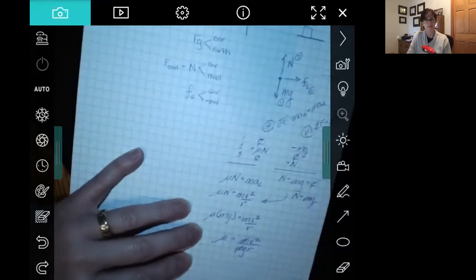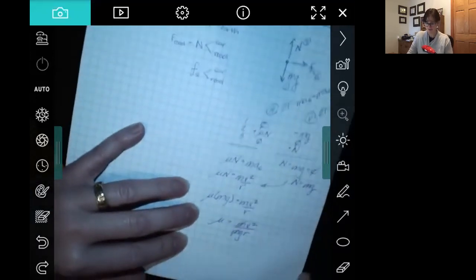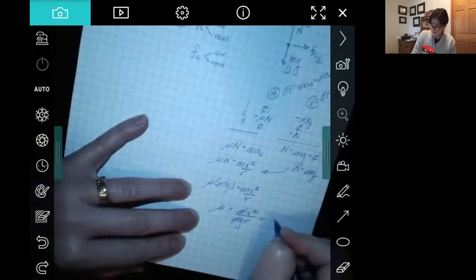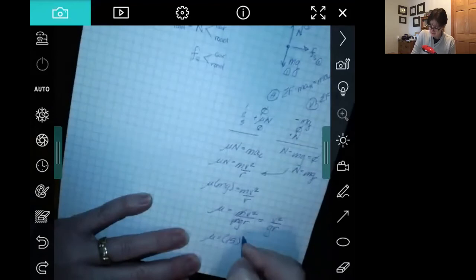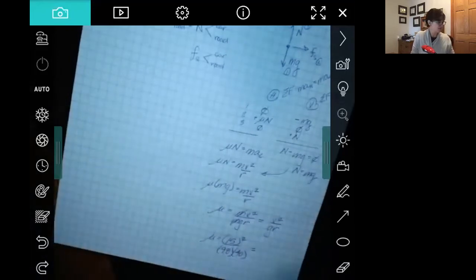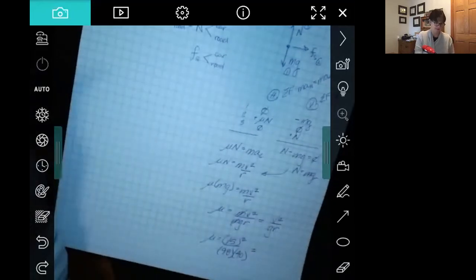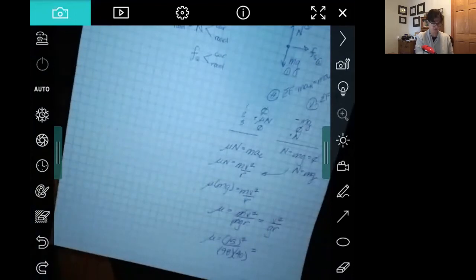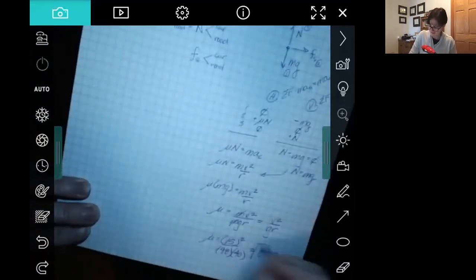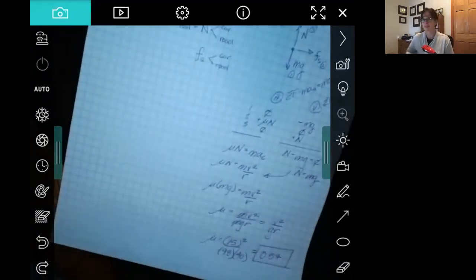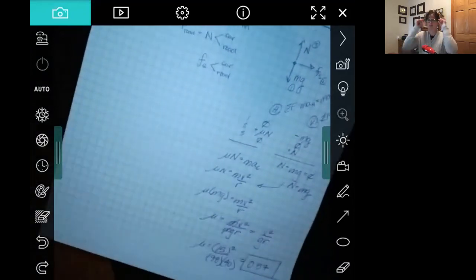My m's will cancel each other out, so it does not matter what the mass of the car is. And we see that mu is v squared over g times r. And so when I plug in my values, 15 squared divided by 9.8 times 40, I find a coefficient of friction of 0.57. All right, which is more related to a material that we said we would be dealing with in our class.